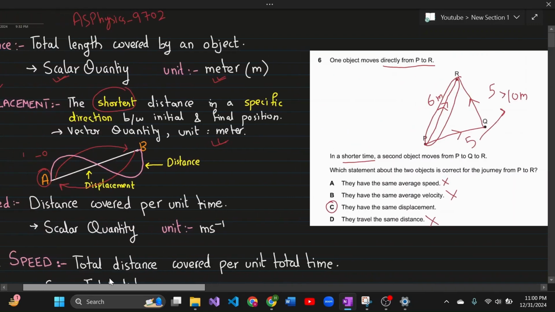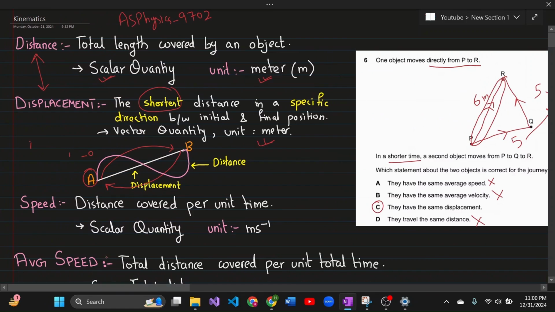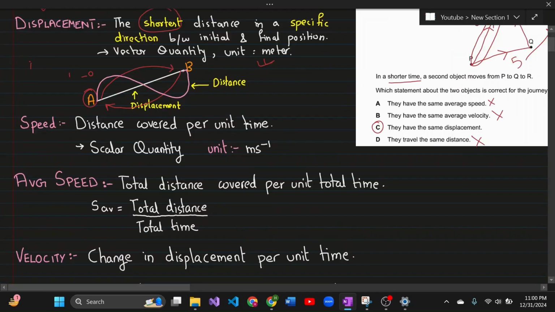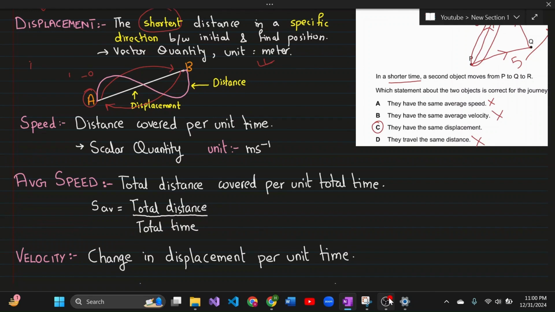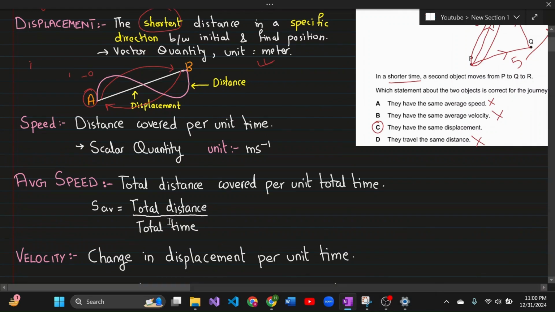So this was all about the distance and displacement difference. We will look into what is speed and velocity. Speed, you know, is the distance covered per unit time. How much distance you are covering per unit time, or you can say the rate of change of distance. It is a scalar quantity, it has no direction, and its unit is meter per second.